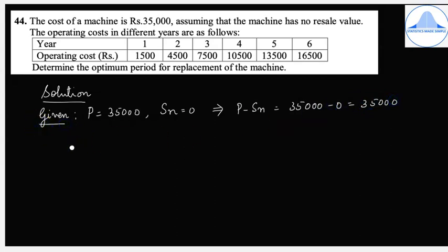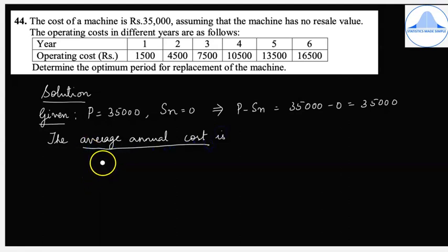Now let us write the formula for the average annual cost. The formula will carry 1 mark.